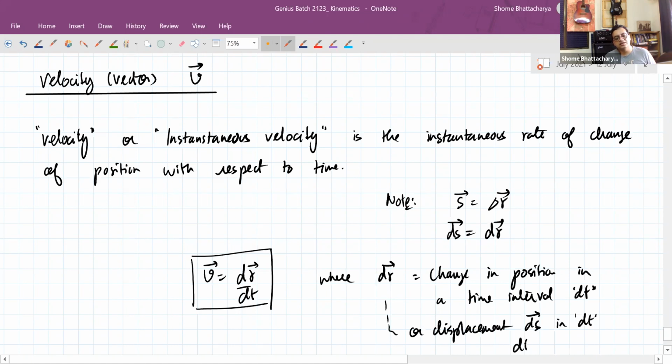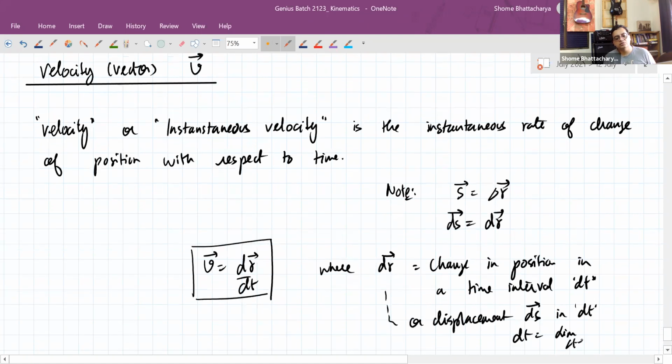And of course, we understand dt is the limit delta t tending to 0. What is dt? It is an interval of time so small that it is tending to 0. So from now on, the term velocity we'll just understand as dr by dt, the instantaneous rate of change of position with respect to time. And that's the same thing as displacement upon time.